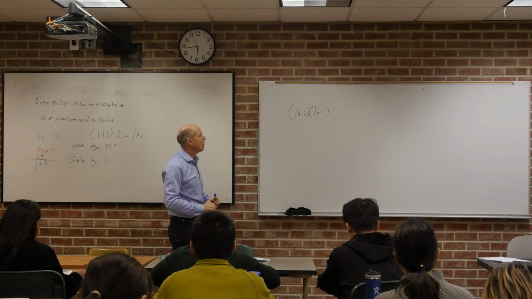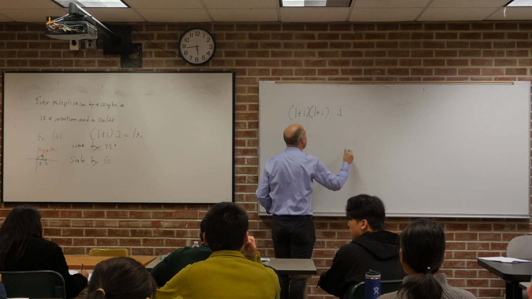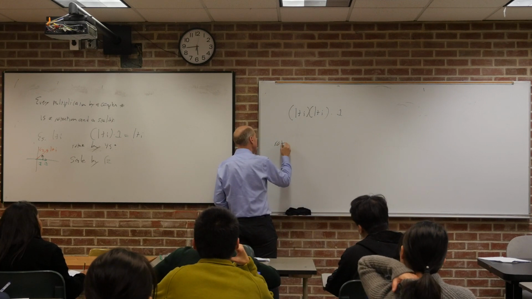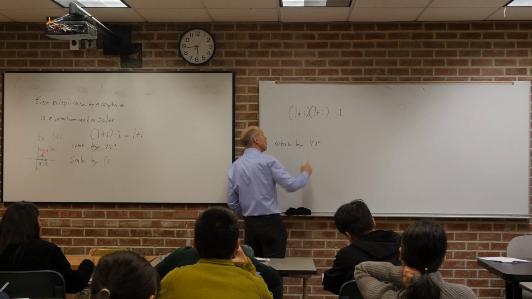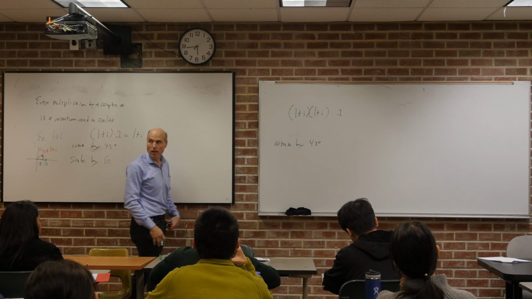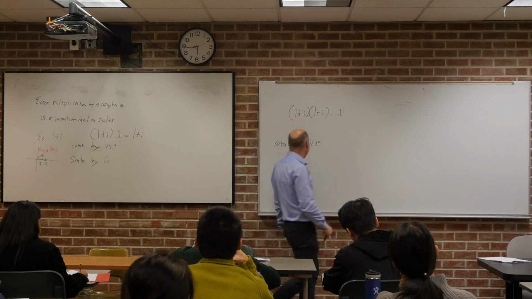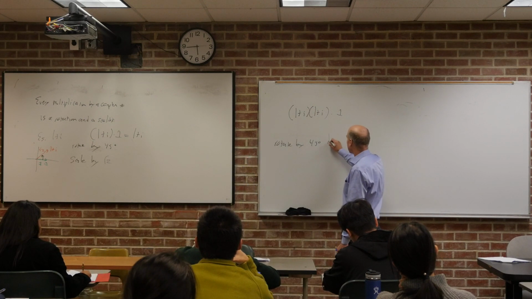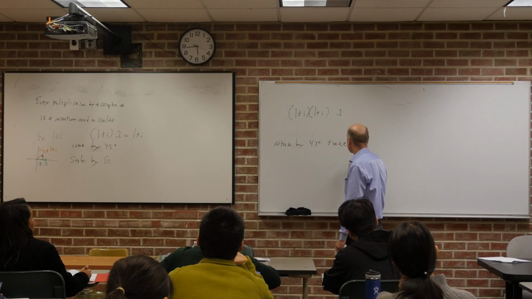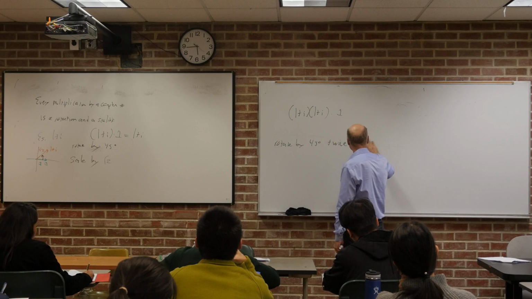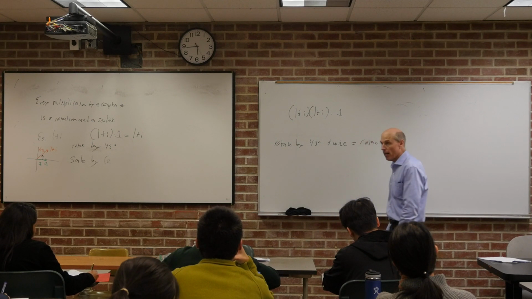If I do 1 plus i times 1 plus i, so times a 1 plus i rotates by 45 degrees. And if I do 1 plus i times 1 plus i, it's going to rotate by 45 degrees twice. Which is the same as multiplying by 90 degrees.